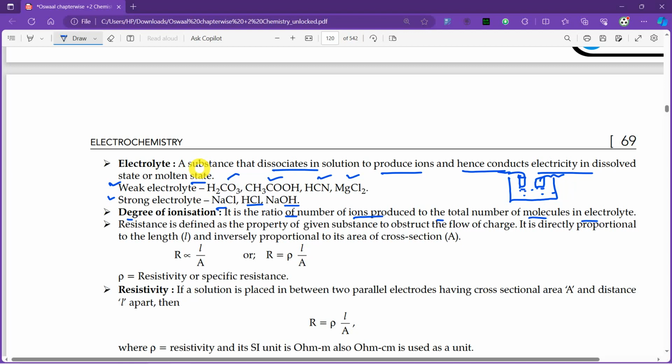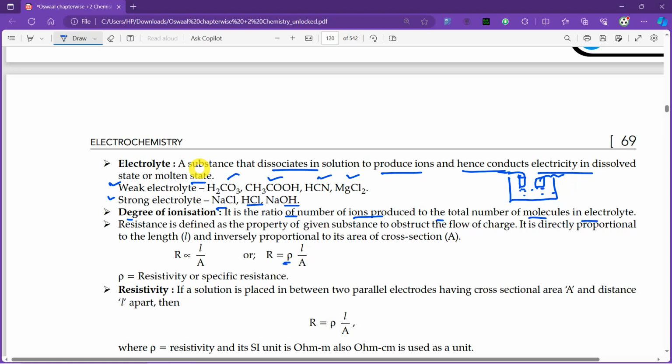And resistance, as you know, is the property to resist conduction of electricity, right? It is proportional to length and inversely proportional to area. So R is proportional to L by A, or R is equal to rho into L by A, where rho is the resistivity or specific resistance here.